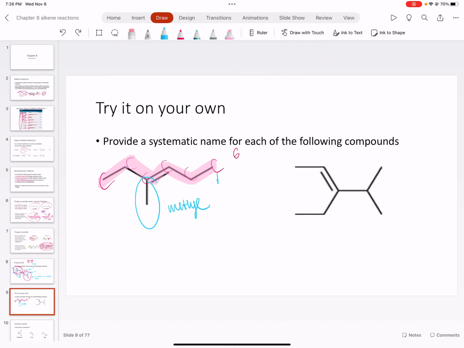If we start from here, 1, 2, 3, 4. But then if we start from here, we'll get 1, 2, 3, and both of our substituents will get position number 3. So therefore, we will prefer this side over the other one. So we can do 1, 2, 3, 4, 5, 6.